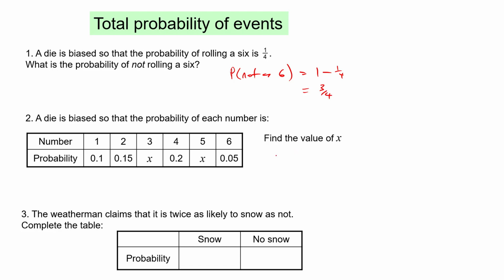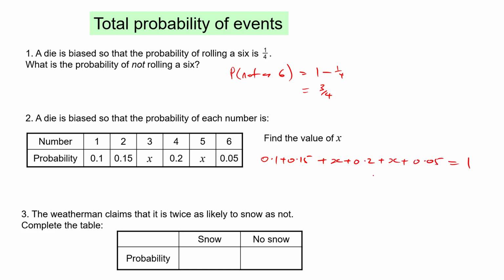This one we can represent algebraically. So find the value of x. These are the total probabilities of getting 1 to 6. So if we add them all, they've got to sum up to 1. So 0.1 plus 0.15 plus x plus 0.2 plus x plus 0.05 is equal to 1.